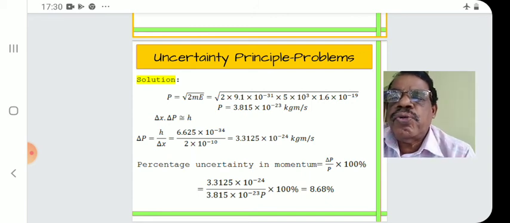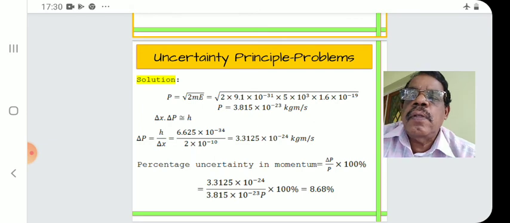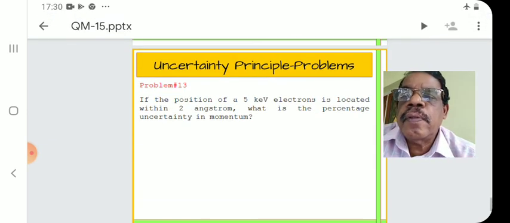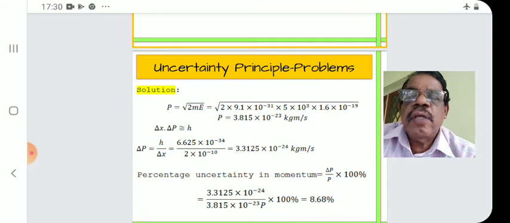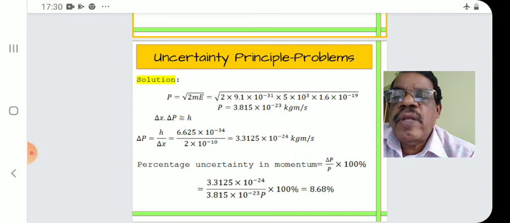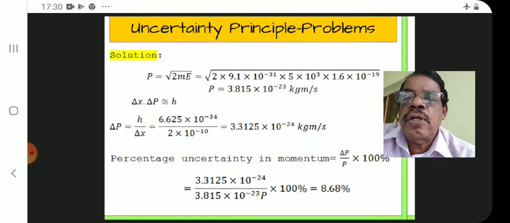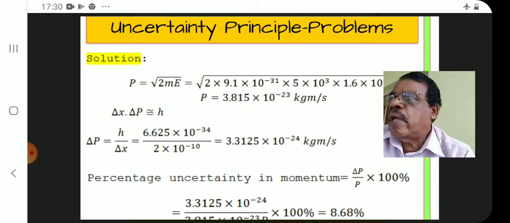P is root of 2mE, root of 2 into 9.1 into 10 raised to minus 31 into 5 keV energy, so 5 into 10 raised to 3 into 1.6 into 10 raised to minus 19 joule. On calculation we get P is equal to 3.815 into 10 raised to minus 23 kilogram meter per second.